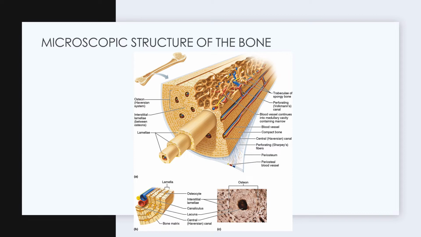What's pretty cool is that bone is one of the hardest materials in the body, but it's also very light, which is what enables us to stand upright. It also gives us the ability to resist tension and other forces acting on it.